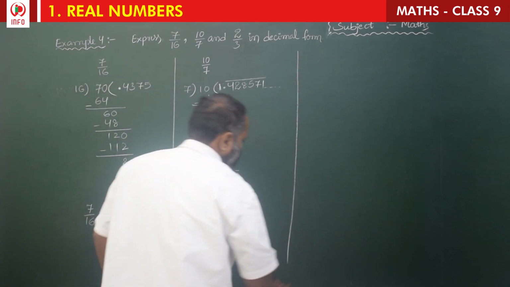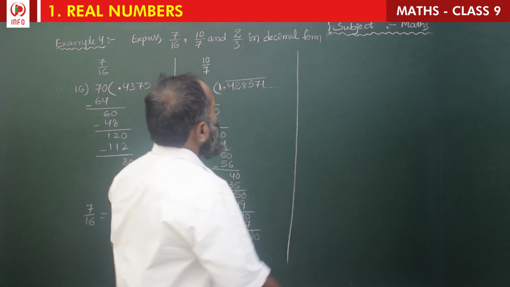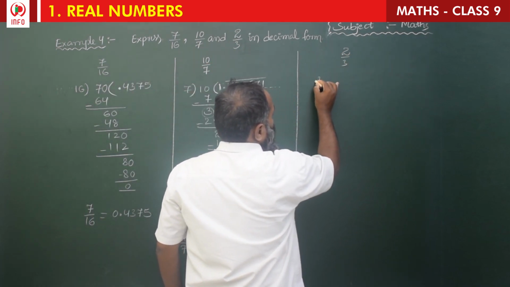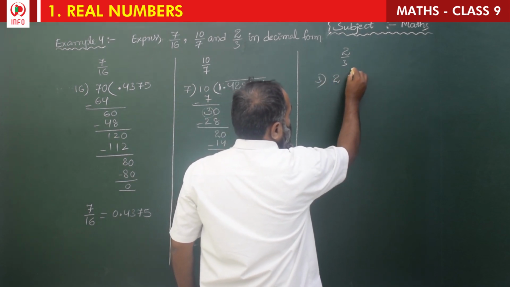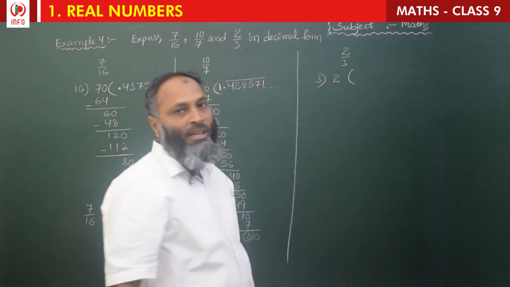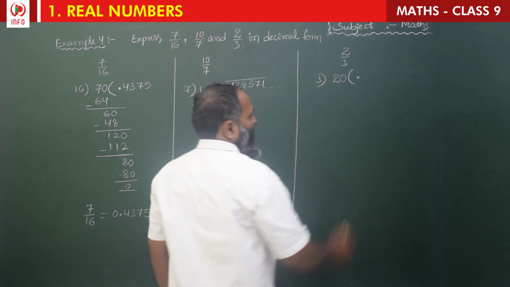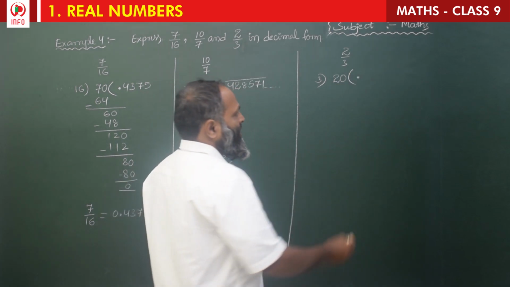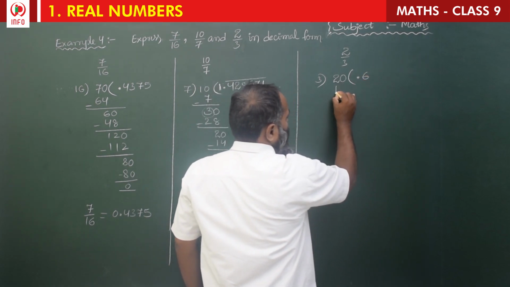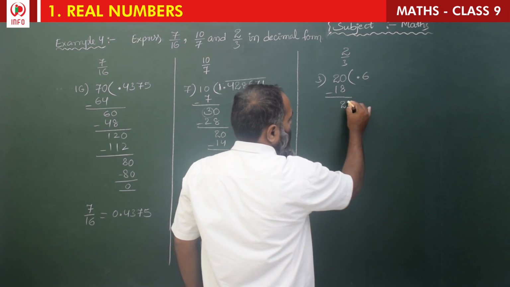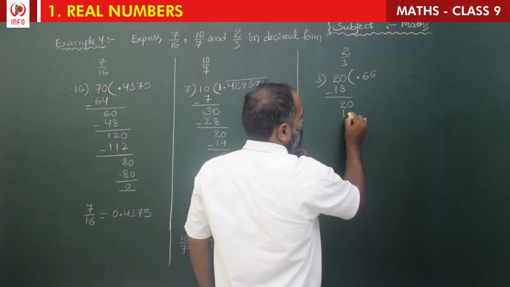Now after that, 2 by 3. Next fraction 2 by 3. It means 3 divides 2. 2 is less than 3, so we should take a point first. Then we can take 10. 3 6s are 18. Then 2 left. 20 will come. 3 6s are 18.